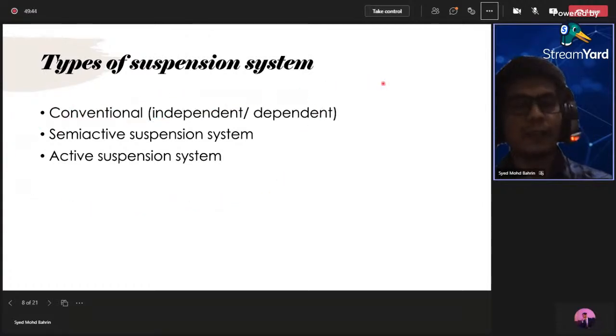For conventional passive suspension, we don't require any power supply to run the suspension. And for active, sometimes they also call it adaptive suspension, because the suspension will adapt to the driving condition, road condition, and also the dynamics of the vehicle itself.